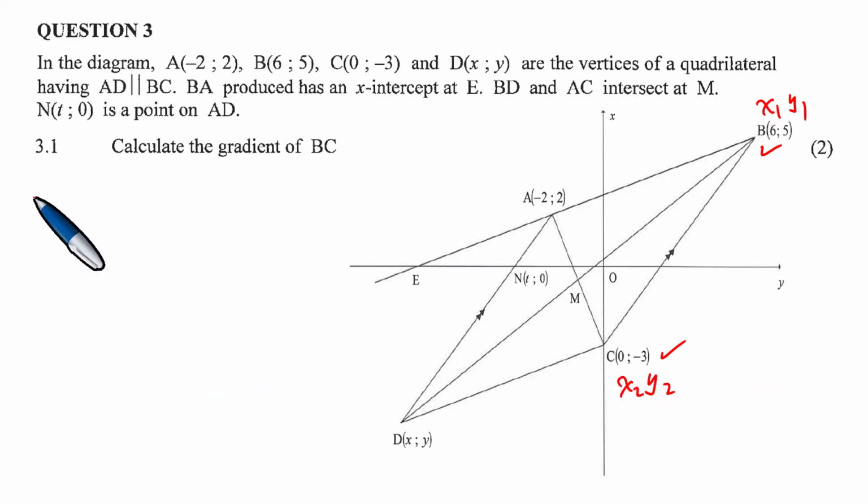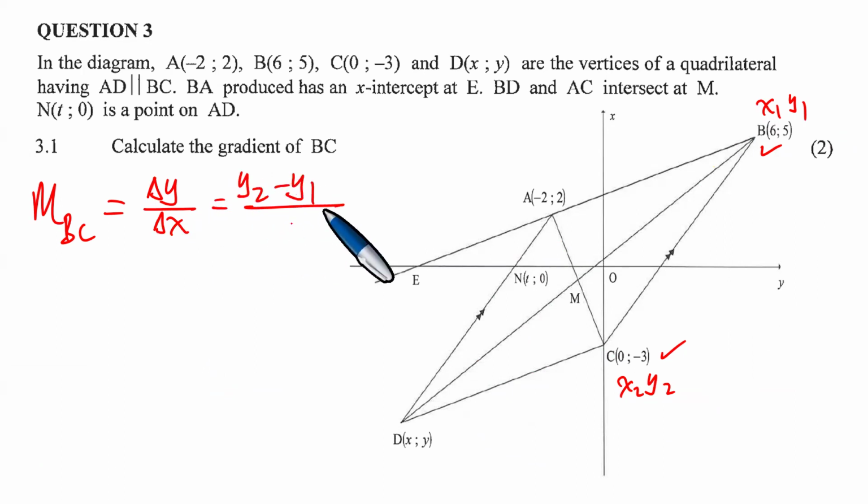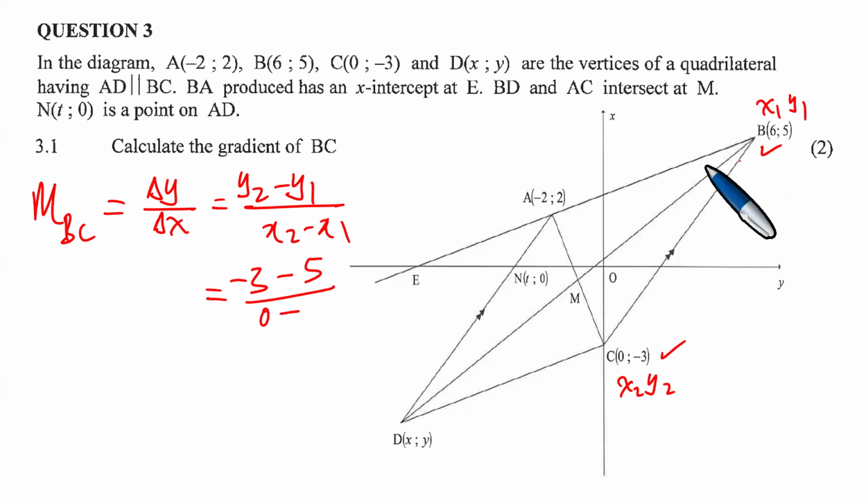The gradient is the change in y over the change in x, which is y2 minus y1 over x2 minus x1. What is y2? It is -3, minus y1, which is 5, divided by x2, which is 0, minus x1, which is 6.